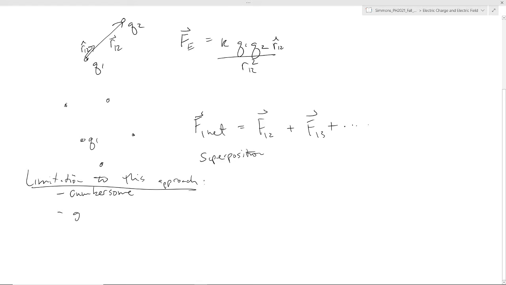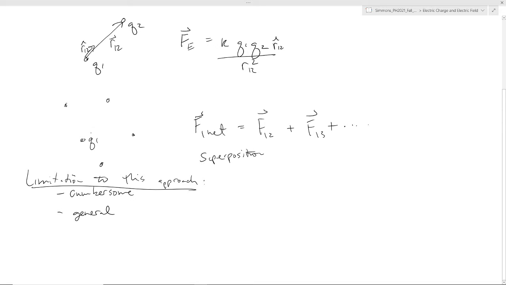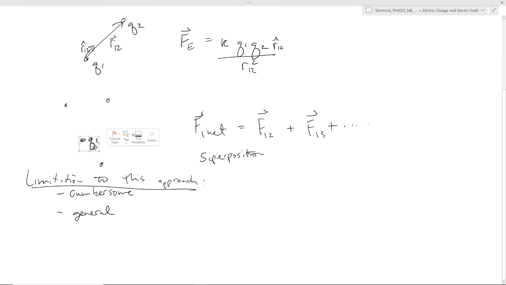It's not very general. What I mean by that is, suppose you move this charge. If we move Q1 up here, you would have to redo your calculation, right? So it's not very general.